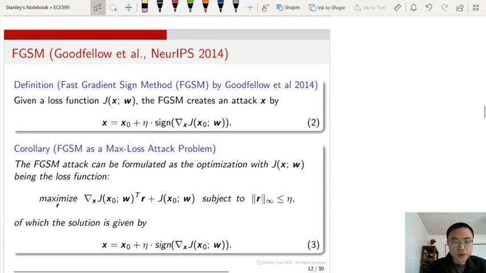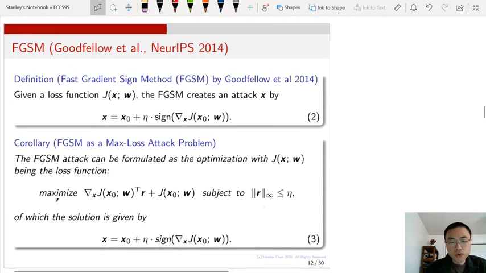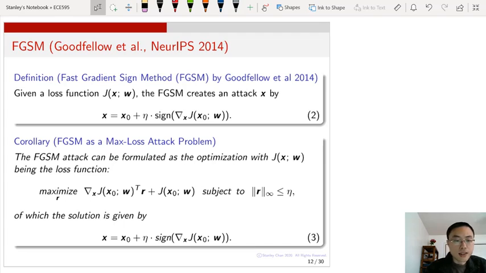So here is the equation that you would typically see in the FGSM literature. The fast gradient sign method by Goodfellow in 2014 says that if you give me a loss function, then FGSM will create an attack by doing this. You have x0, and then you add eta times the sign of the gradient of the loss function.